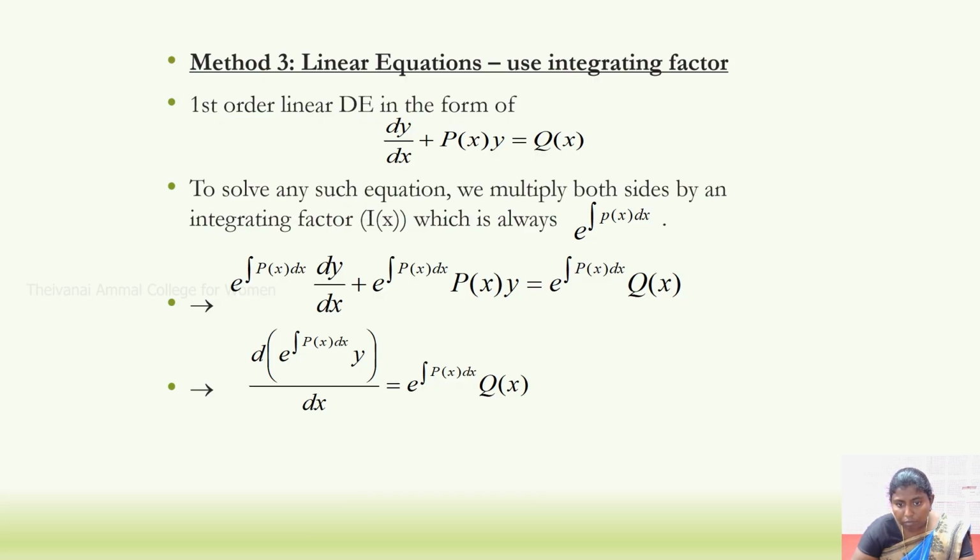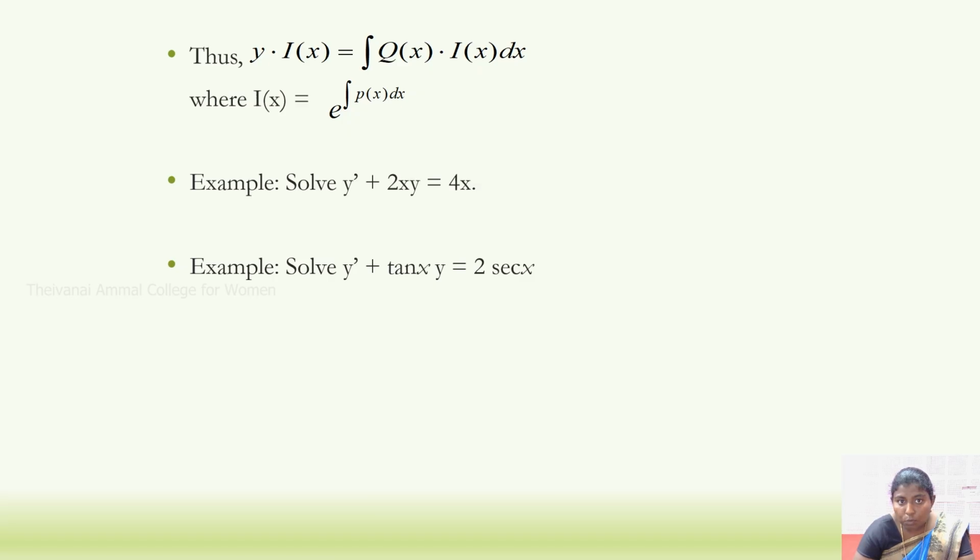Then the answer is y into integrating factor is equal to integral q of x into integrating factor dx, where the integrating factor is e power integral p of x dx. So y into e power integral p of x dx is equal to integral q of x into e power integral p of x dx.